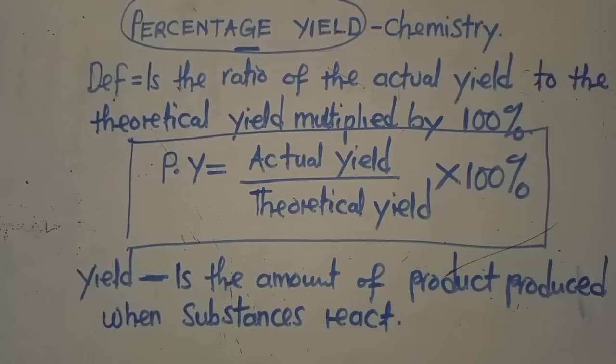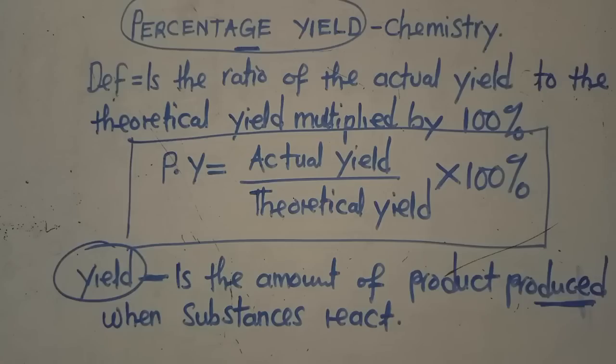So that product that is produced when two or more substances react, that thing that is produced is what we are calling a yield. A yield is just the amount of product produced when substances react. This is what you are supposed to know.